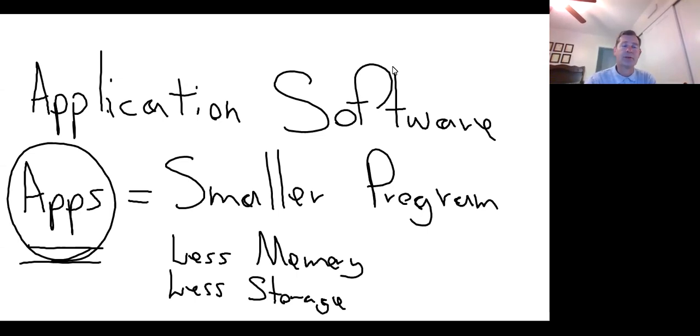You put Word on it, you put some other things on it, and then we use that to store all of our other pictures and videos and all kinds of stuff. Pretty soon you have 3 programs on your phone, and you have no room for anything else. So an app is just a smaller program. It's just a smaller version of the program, and it has less features.